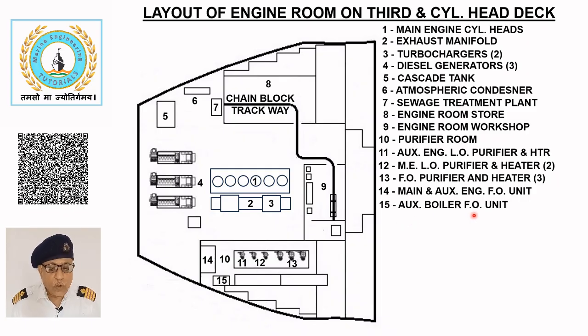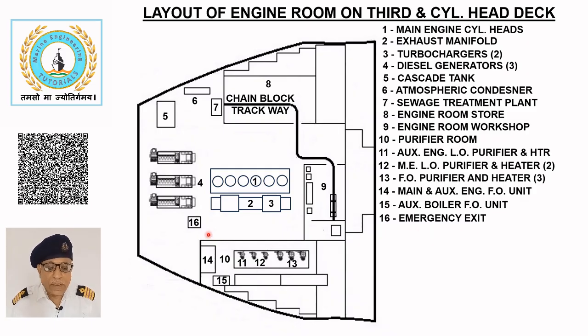Auxiliary boiler fuel oil unit. Similarly, the auxiliary boiler fuel oil unit 15 includes pilot burner pumps, supply pumps, suction and discharge filters, oil heaters with a temperature controller, and a flow meter to supply fuel oil to the auxiliary boilers. Emergency exit.